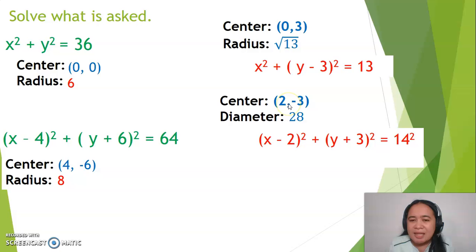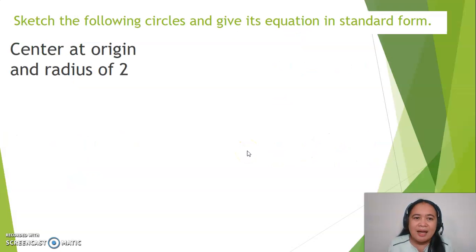So writing this in the equation, that would be (x - 2)² plus, reverse this, (y + 3)² is equal to 14², 14 which is half of 28. Or we can simplify this to (x - 2)² + (y + 3)² = 196.